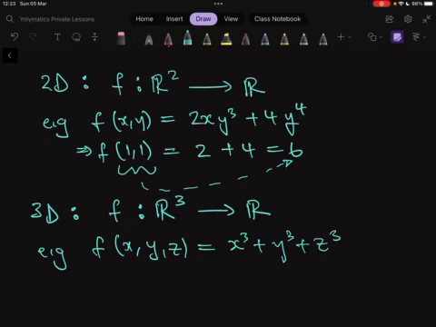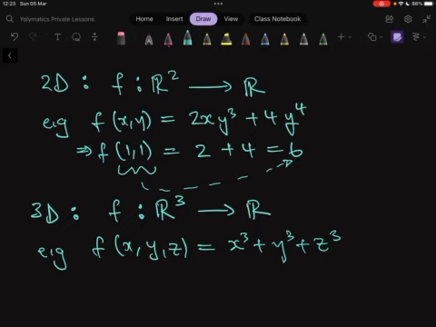Being multi, it is associated with the argument: what is the structure of the element that it takes as its domain. If a function takes coordinates as its arguments, then that's what we mean by multivariable functions.